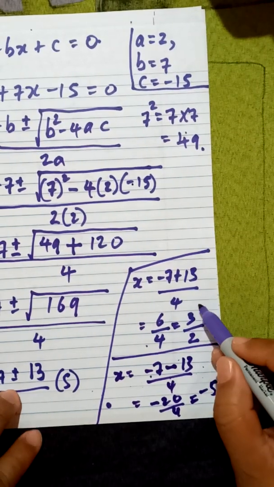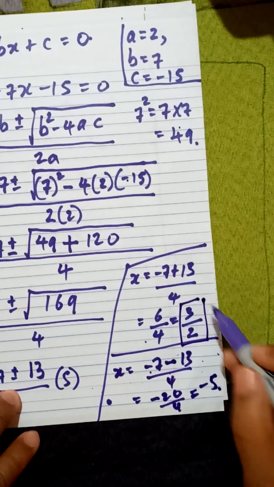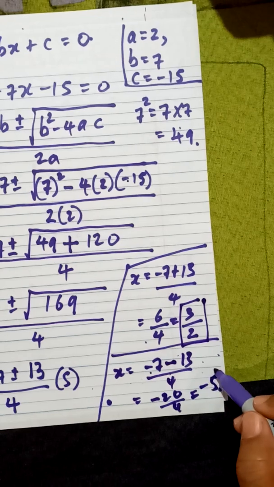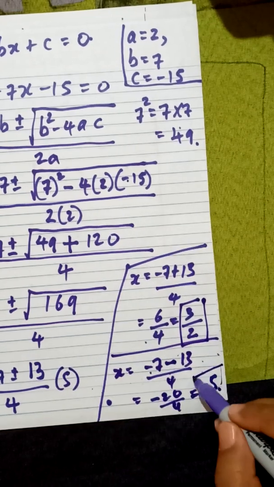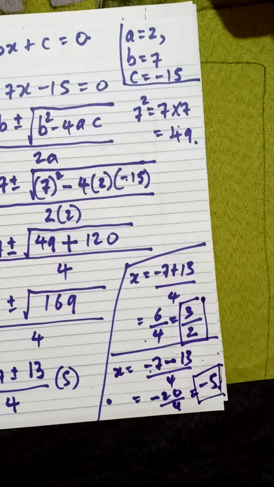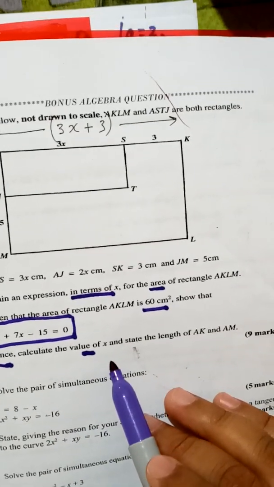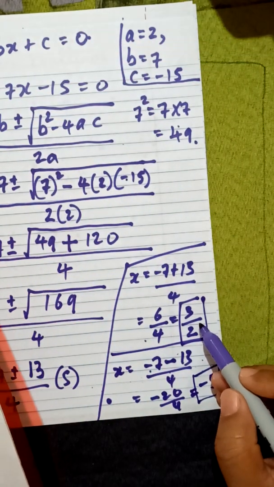But we're going to use only the positive part, because since we're dealing with measurement, we can't have a negative measurement. So you won't use -5. So that's what the question says. Hence, calculate the value of x. So x specifically will be equal to 3/2 or 1.5.